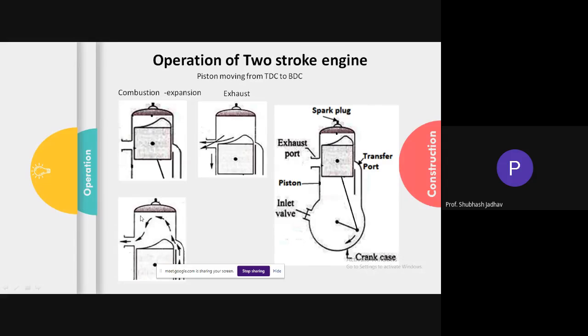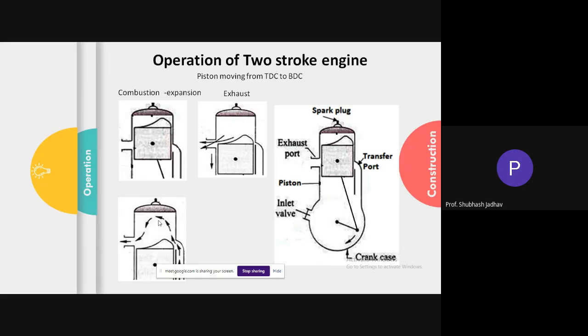We know that earlier this was filled with which gases? Burnt gases, exhaust gases, which were supposed to be exhausted. Now if new gases are coming and this projection was not there, then the fresh charge will start flowing out, while this region will be occupied by the burnt gases from the previous cycle.